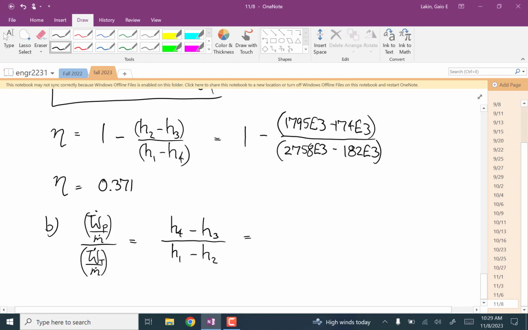And so you can plug those in. You can see, since these are all enthalpies, and I'm representing all these times 10 to the third, those will all cancel out. So I'm going to rewrite this as 182 minus 174 divided by 2758 minus 1795.